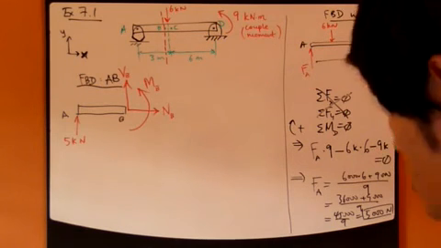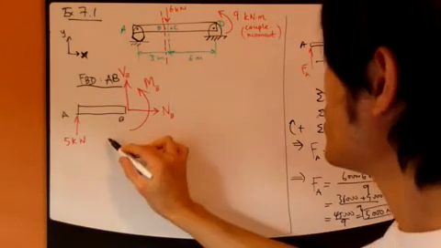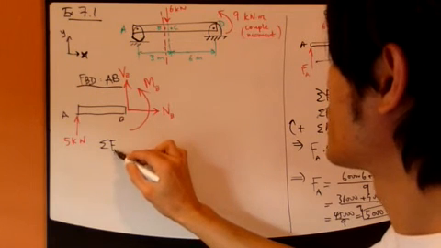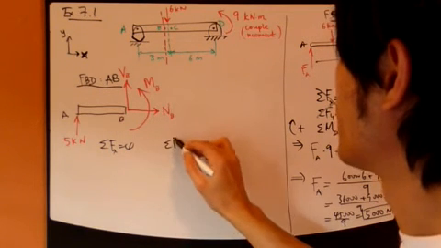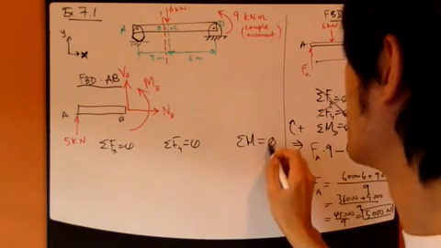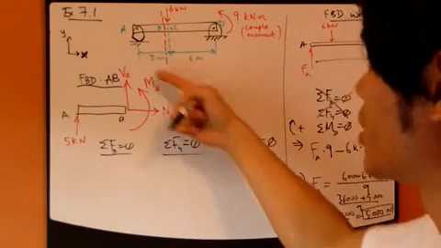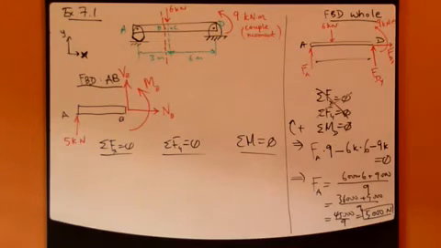So next thing you do is write the 3 equations. Sum of forces x equals 0. Sum of forces y equals 0. Sum of moment equals 0. 3 equations, 3 unknowns, no problem, right?